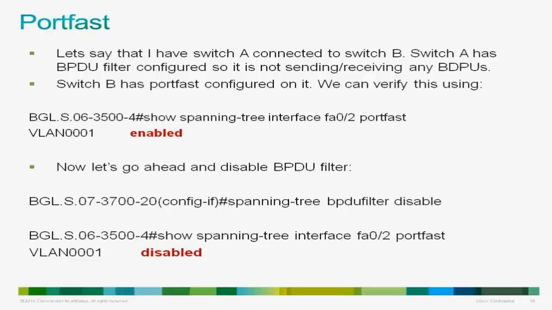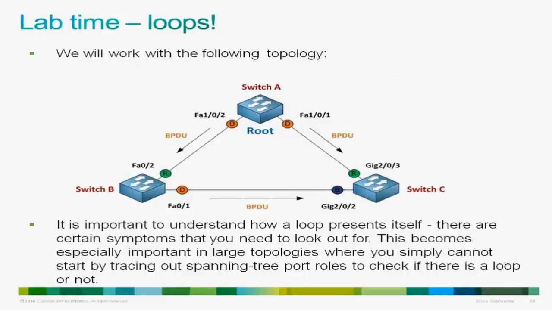I enabled PortFast. At that stage, you can see that PortFast was enabled for VLAN 1 on FA0/2. I then went ahead and disabled the BPDU filter, so now BPDUs are being transmitted to switch B. And I see as soon as I receive a BPDU, my PortFast goes to disabled. So I am no longer operating as a PortFast interface.